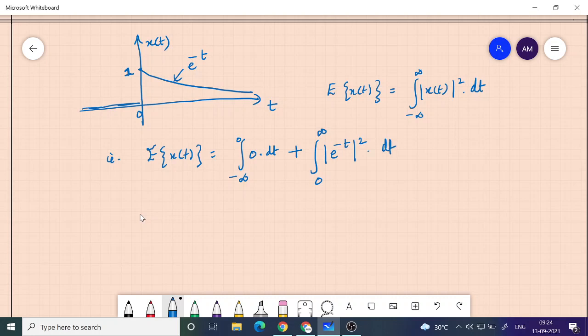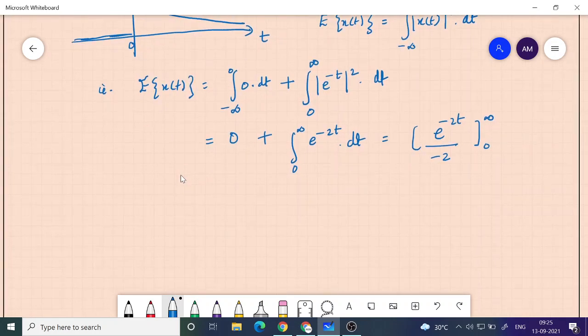So the first term is 0 and doesn't contribute anything, but the second term you can write as the integral from 0 to infinity of e raised to minus 2t. This quantity is positive, so whether you take modulus or not doesn't make any difference. So this is equal to e raised to minus 2t divided by minus 2. After integration we get this, then you put in the limits.